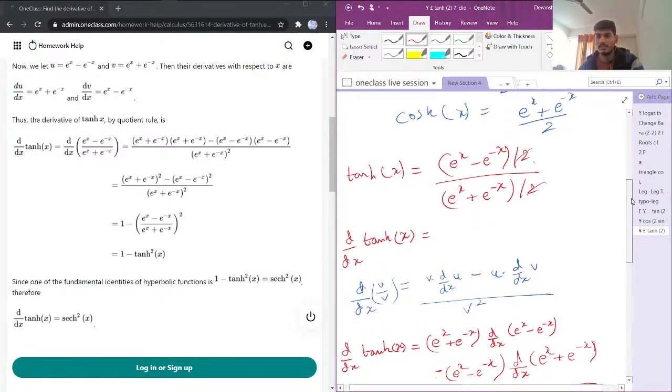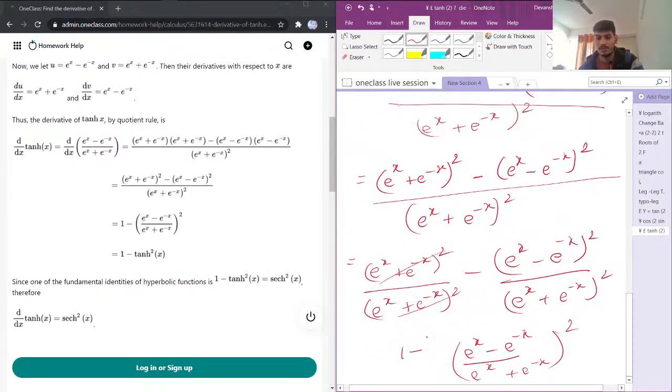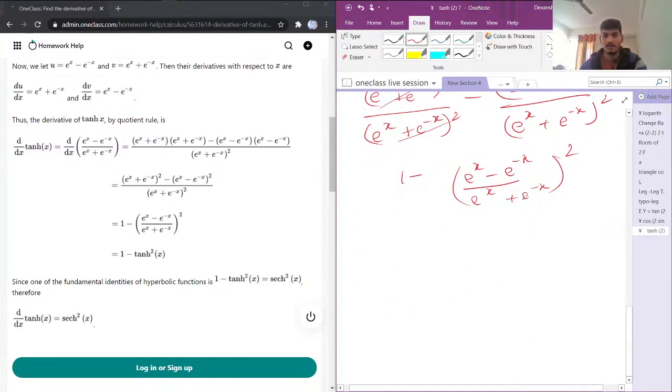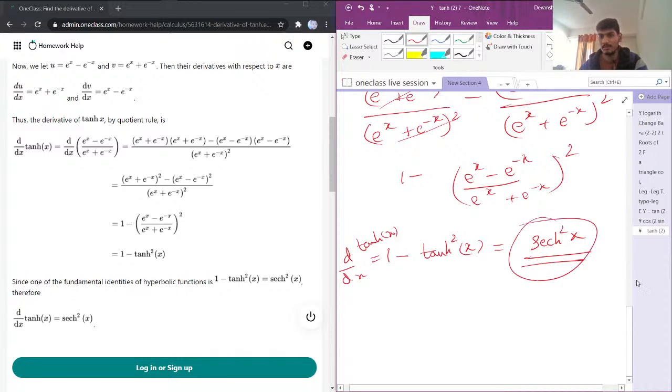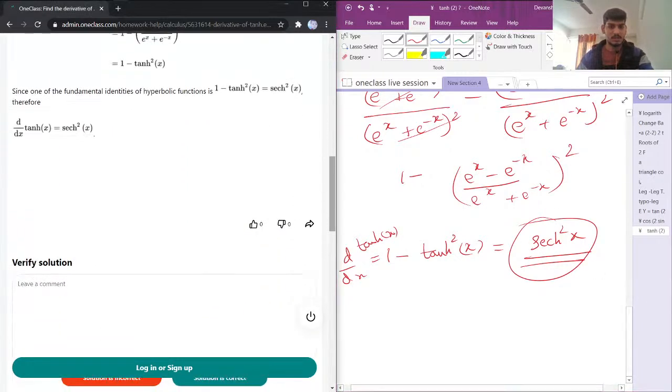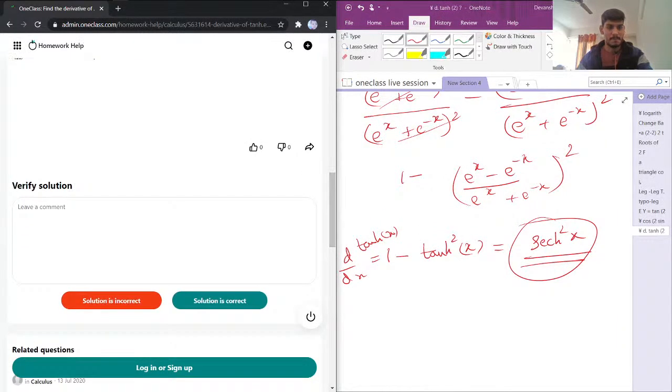So e power x minus e power minus x, we have the same term here, and on the denominator we have plus sign, so this will be 1 minus tangent hyperbolic square of x, which will be secant hyperbolic square of x. So the derivative of tangent hyperbolic of x equals secant hyperbolic square of x. In short, the answer which I told earlier.